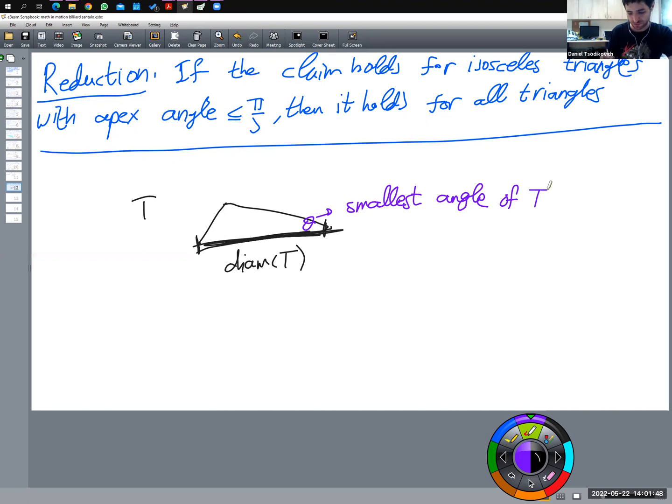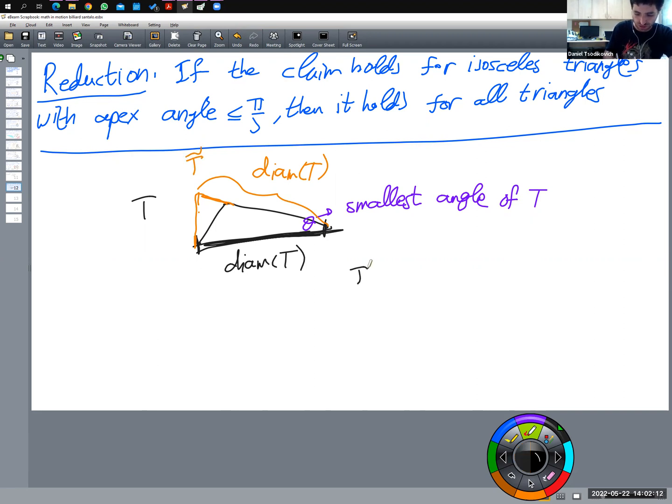of T. So now we do the following procedure. We extend this edge until it will have the same length as the diameter. So now this is also a diameter of T, and we have here a new triangle T tilde.